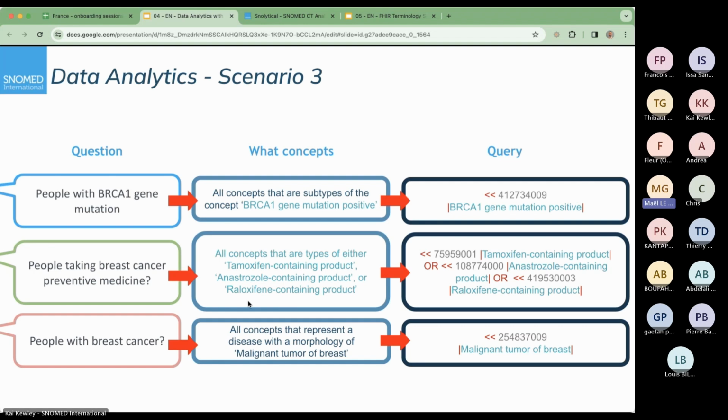So for this one, we actually have to create a subset. We can't just pick some concept and say descendants. We have to have a more complex query. So it's products containing tamoxifen or anastrozole or raloxifene, and then we get all the relevant concepts for this. And then people with breast cancer is simple.